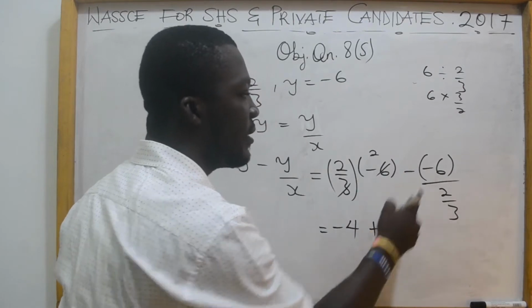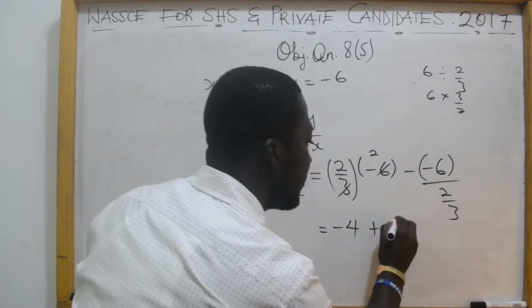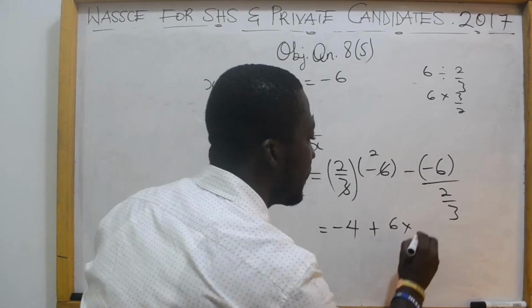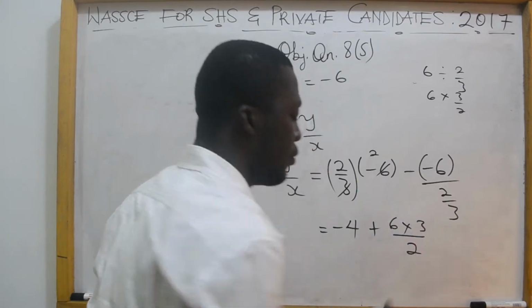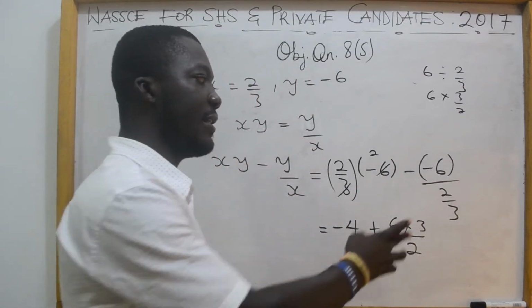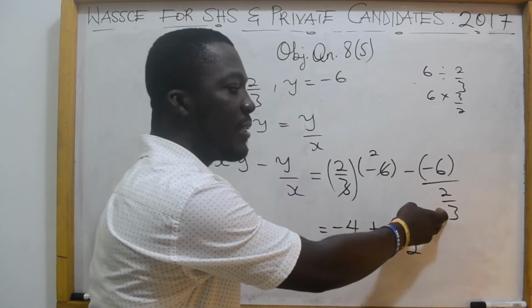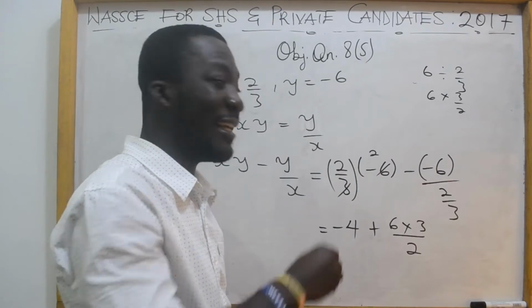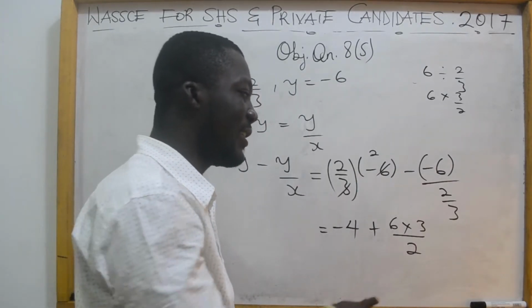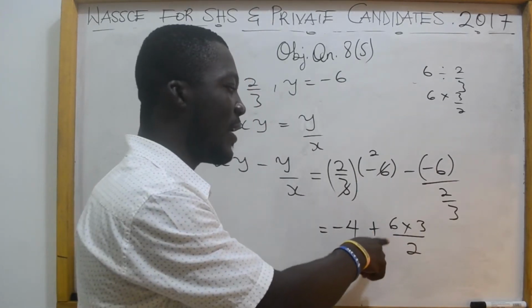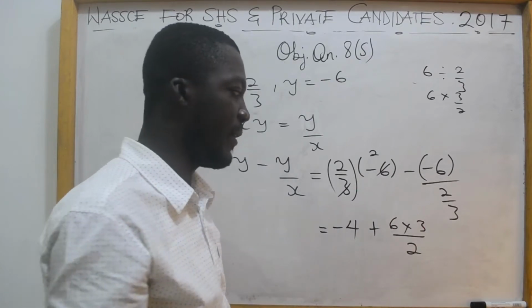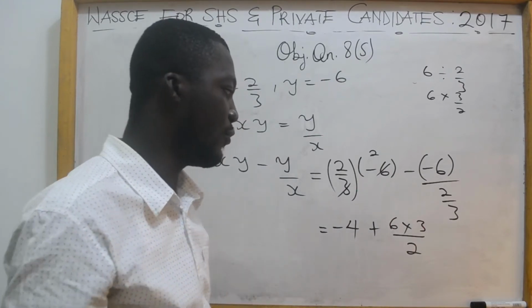This negative will change it to plus 6 times 3 divided by 2. And observe that the denominator was maintained, but the denominator of the denominator was changed to a numerator. That's why 6 is multiplying 3 and dividing by 2.